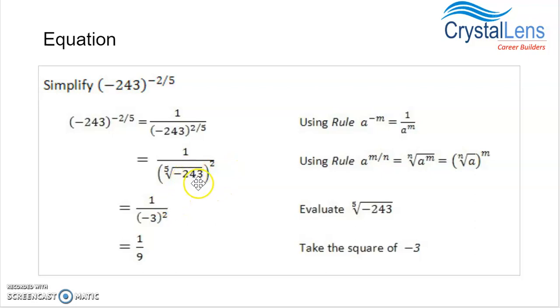The fifth root of minus 243 is minus 3, because minus 3 times minus 3 times minus 3 into 5 places gives you minus 243. So your answer becomes 1 over minus 3 raised to power 2. Of course, minus 3 times minus 3 is going to give you 9, because minus times minus is plus. So your answer becomes 1 over 9.